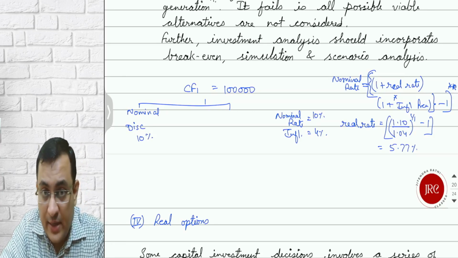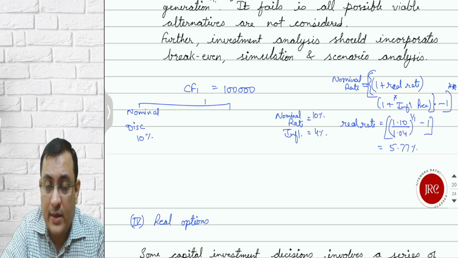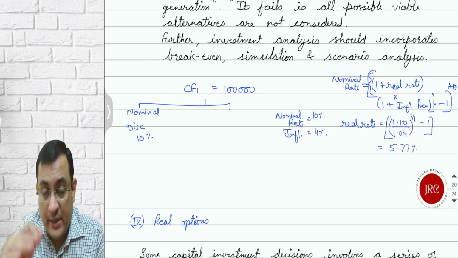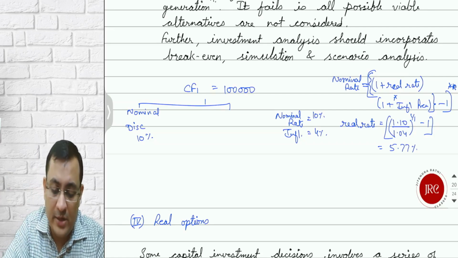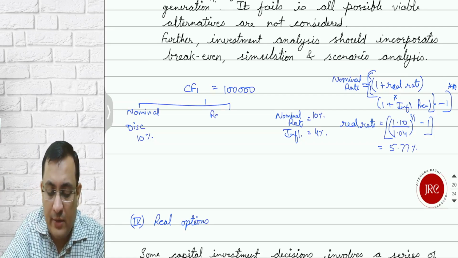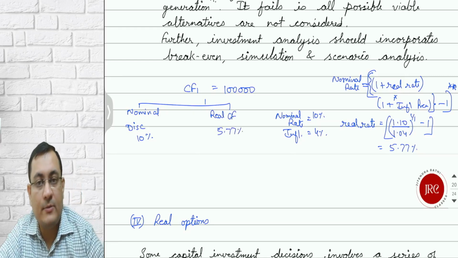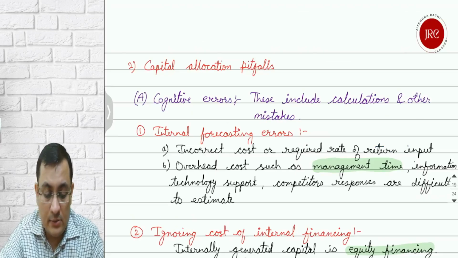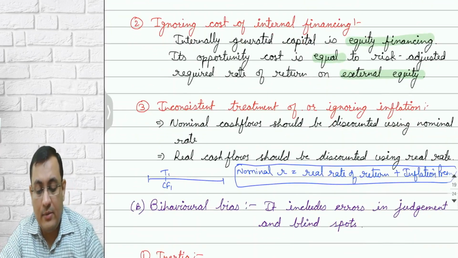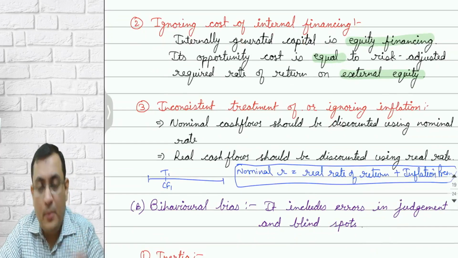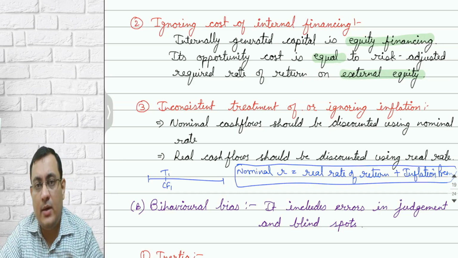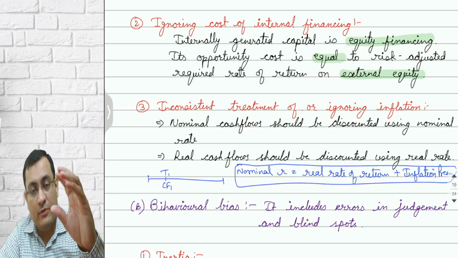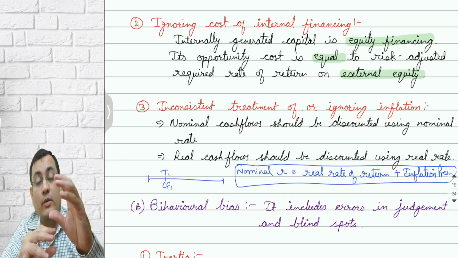If it is an inflation-adjusted value, meaning you have already removed the inflation effect, it is a real cash flow and should be discounted at 5.77%. So the third common error while doing the analysis is that inflation is ignored. Inflation should be considered. Your cash flows should include the inflation effect, and your discounting rate should also include the inflation effect.